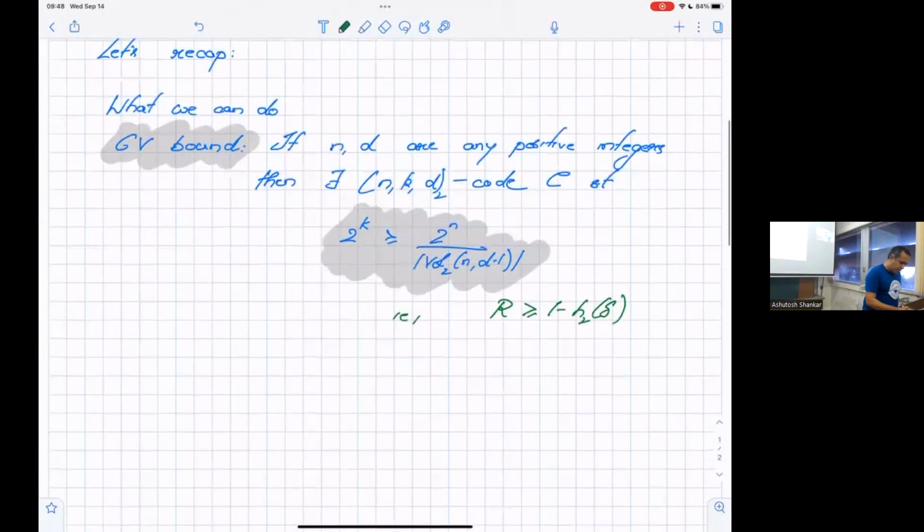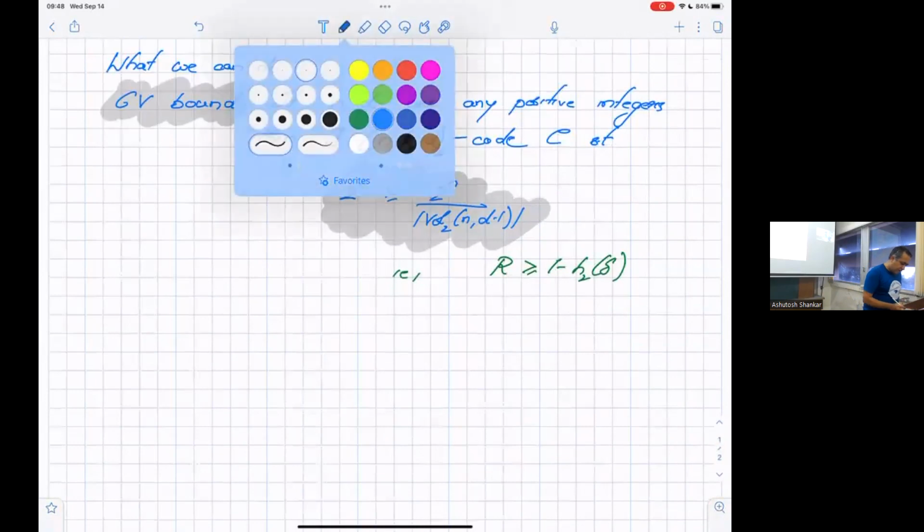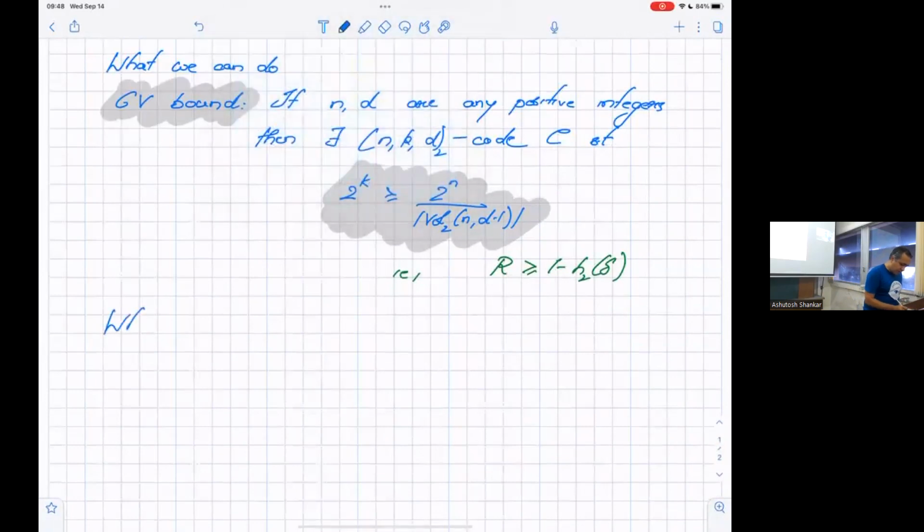And let's go now to what we can't do. The bound which we had talked about in the very first lecture is the Hamming bound, also the packing bound.